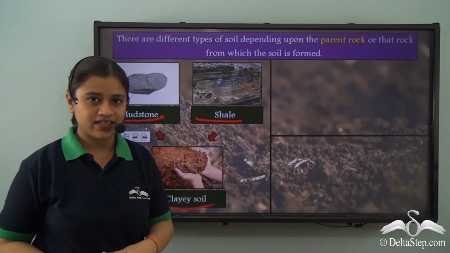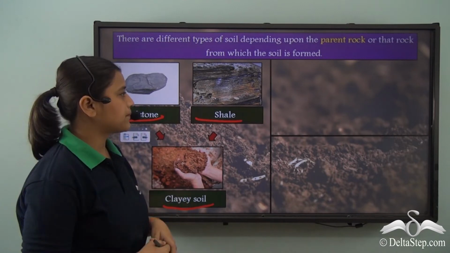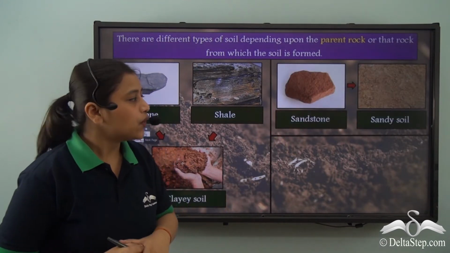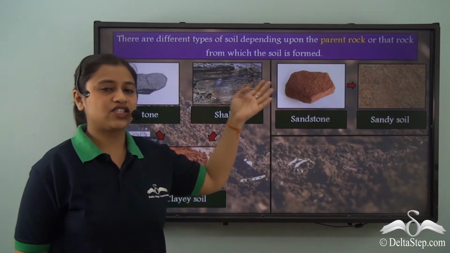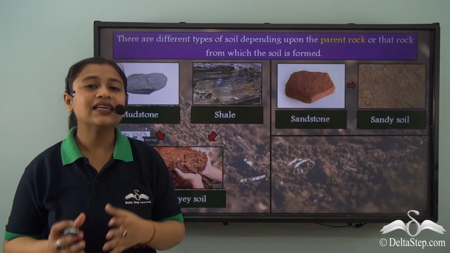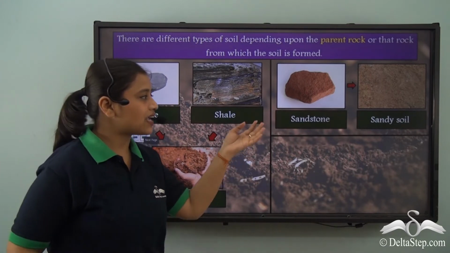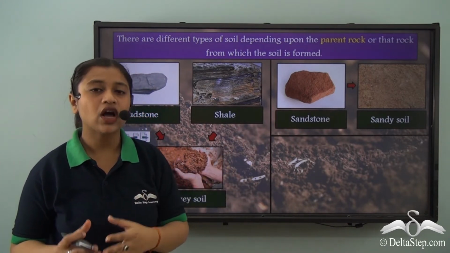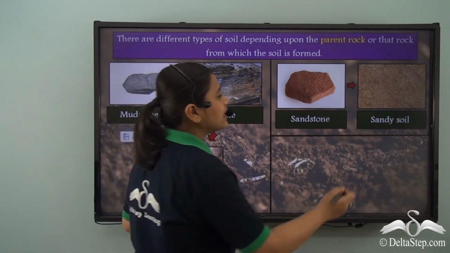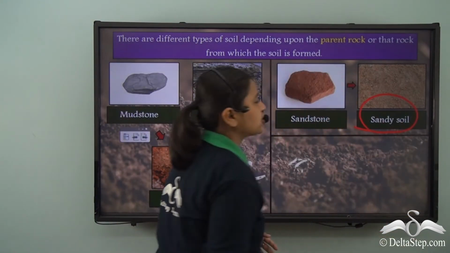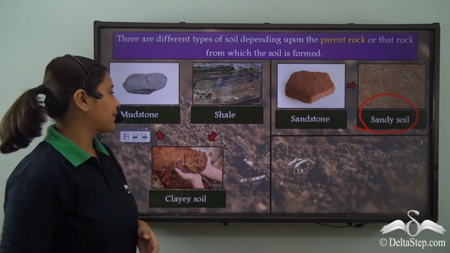Let's take another example. So what do we have here? We see that sandy soil is made out of sandstone. What does this imply? This simply tells us that sandstone is the parent rock which, after undergoing weathering and erosion, has eventually led to the formation of sandy soil.